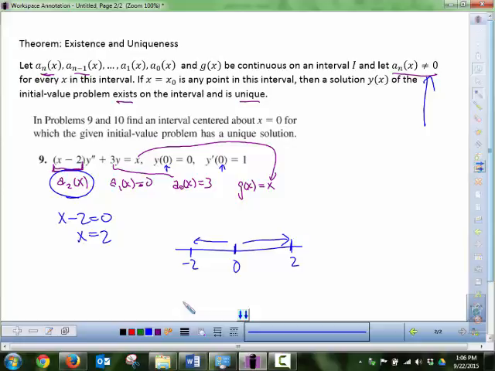So if it's centered around 0, then our solutions will only go as far as the first time we see a discontinuity, or not a discontinuity, but a 0 on the first function. So our interval in this case is from -2 to 2.